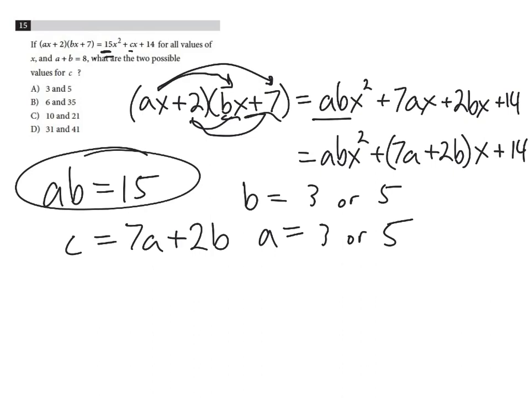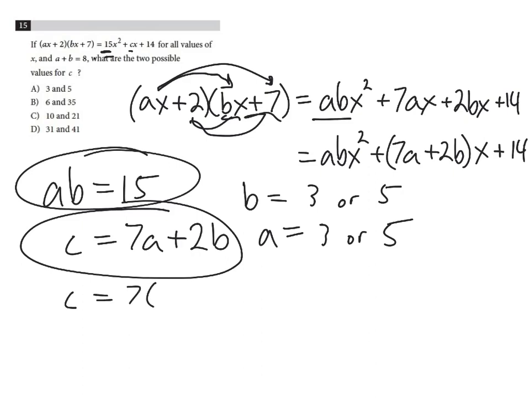Well, c equals this expression right here. And either b is 3 or it's 5, in which case a would also be 3 or 5. So I'm going to do two cases. I'm going to do the case where a is 5, and we're going to get 35 plus 6.